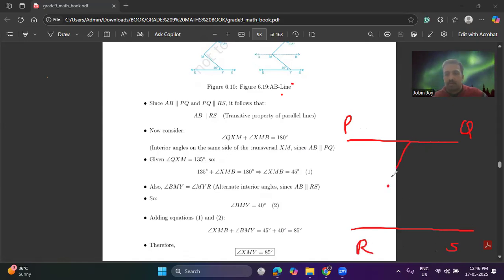This is our point M. This is the new line I created, AB. MXQ, this angle, is 135 degrees. And MYR is 40 degrees. This angle is 40 degrees.